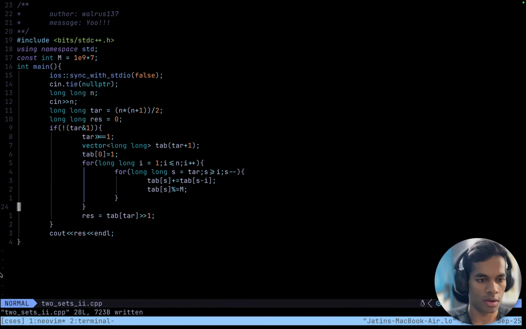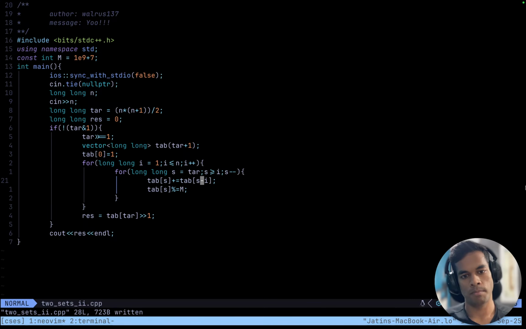What could be the error? S minus i. If I do use the ith coin, that would be the number of ways to get up to the S coin. Uh-huh. Wait, is there some logical bug?